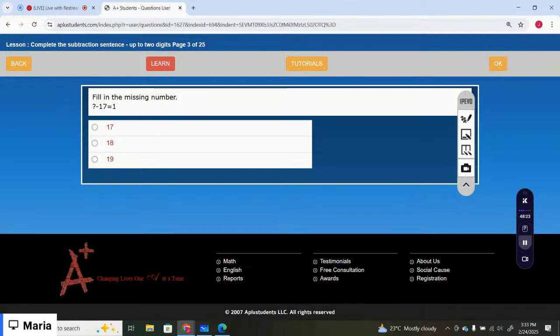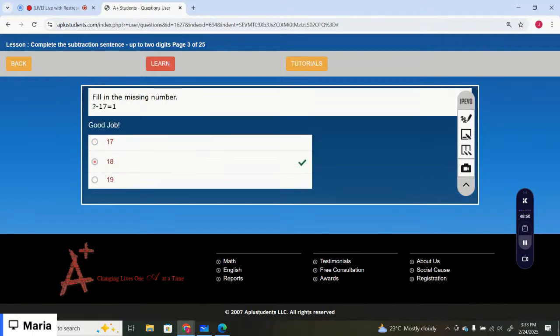Fill in the missing number. That is 18 take away 17 equals 1. Option number 2 is the correct option.